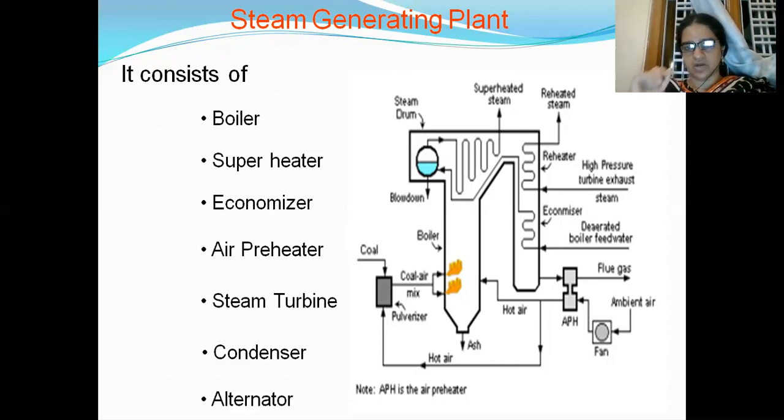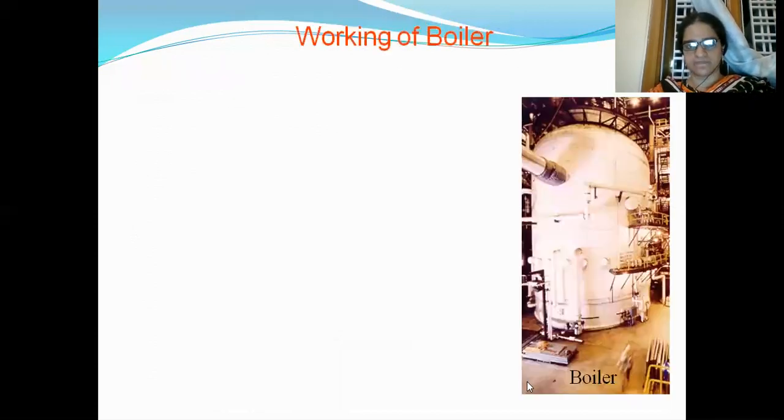Exhaust steam is taken out from the turbine, and again flue gases, air preheater is there, and again fan. Fan, ambient air, APH is air preheater.